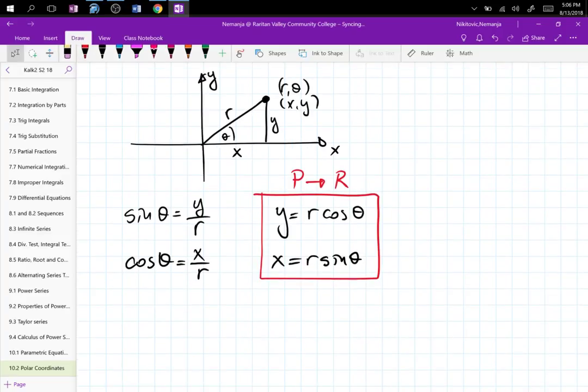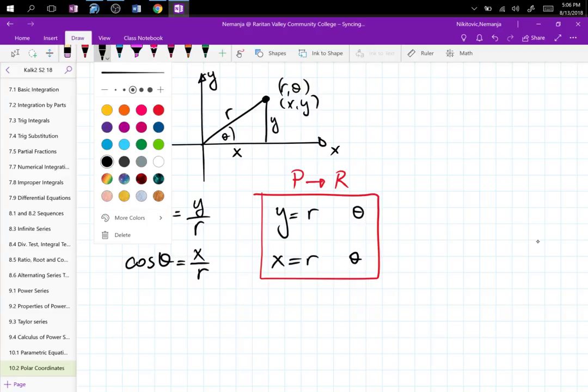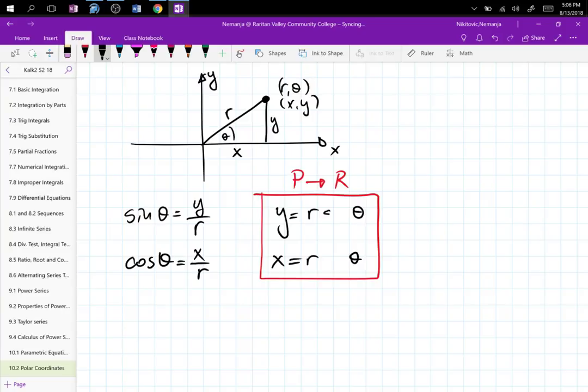Now, to go the other way around, I said, well, you have, yes? Oh, yeah, you're right. I went too fast. This is sine. You can see it's sine on the side. And then this is cosine.